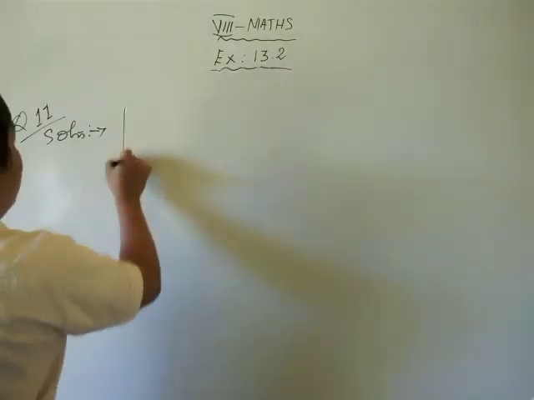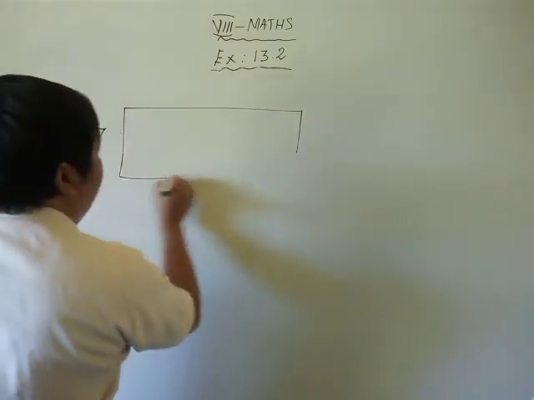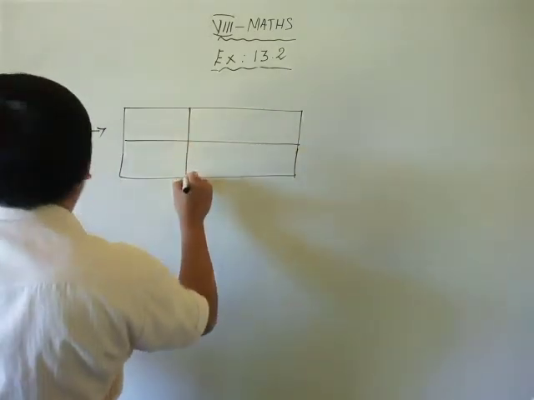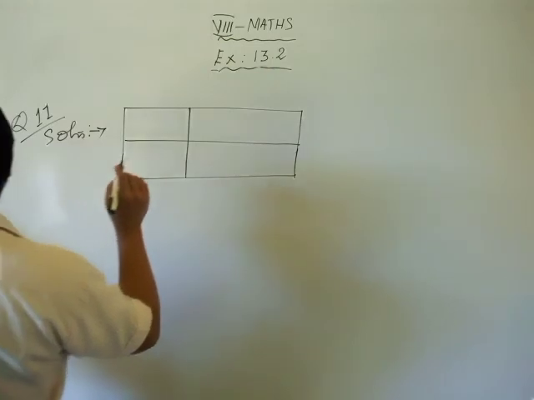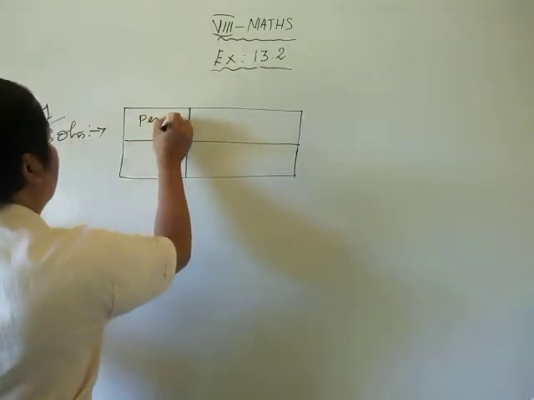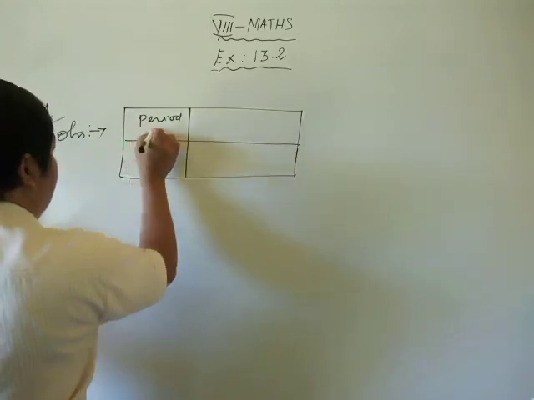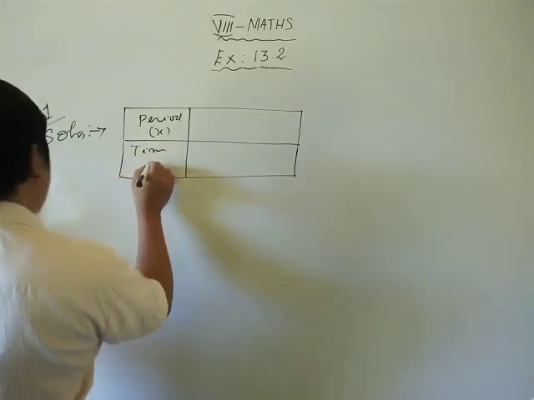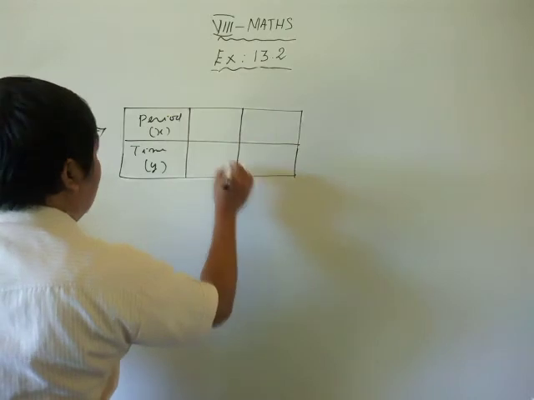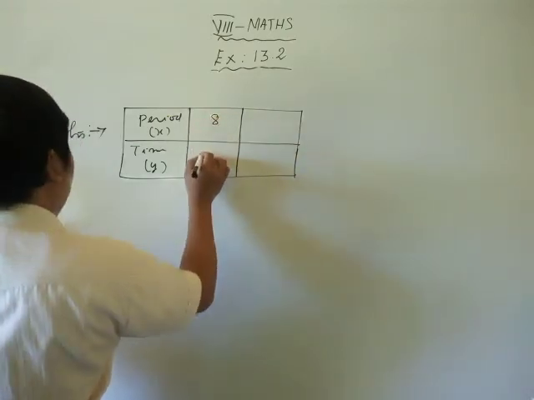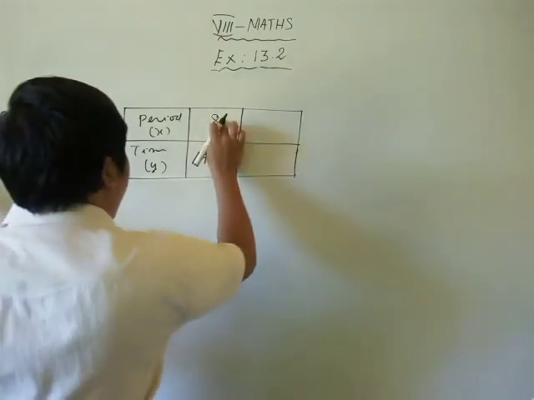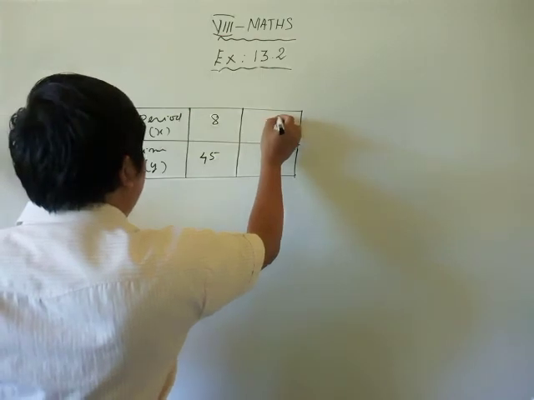See here in the table, what you write is periods as the x value and time in minutes as the y value. First, there are 8 periods of 45 minutes each, and with 9 periods, how many minutes will it be?